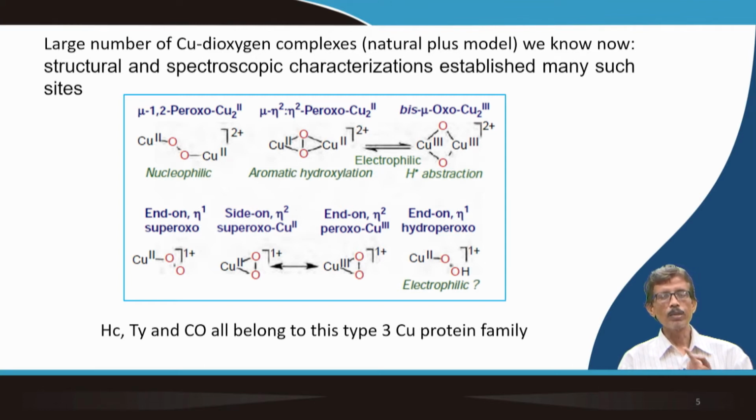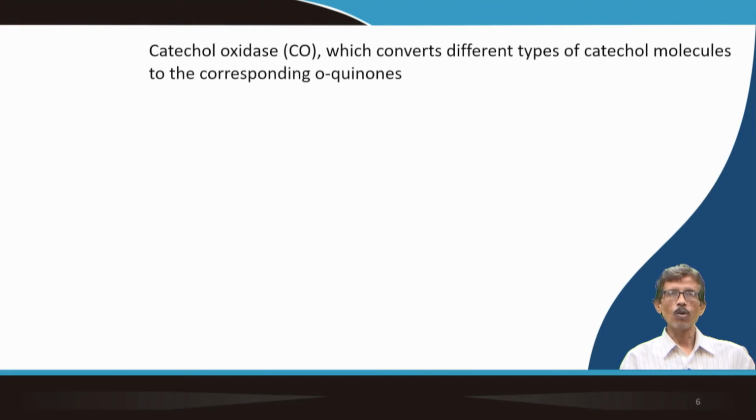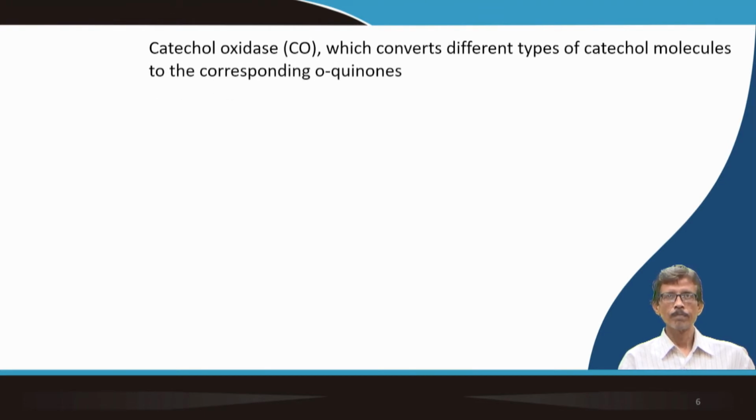So, you have the end-on eta 1 binding, which is superoxido, and side-on eta 2 binding for the superoxido molecule is also possible, end-on peroxido in eta 2 fashion, and end-on eta 1 binding is also possible, which is available for our corresponding superoxido molecule at the left bottom, and then one electron transfer making it peroxido, but immediate proton transfer will make that center a hydroperoxido species, and that can also function as an electrophilic center for all the transformations and reactions.